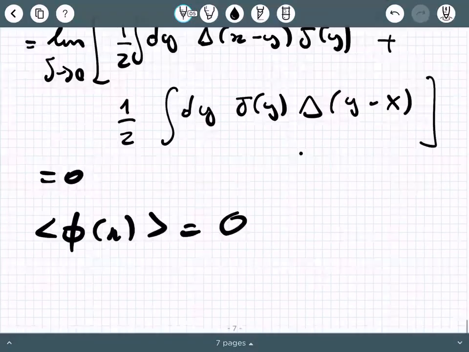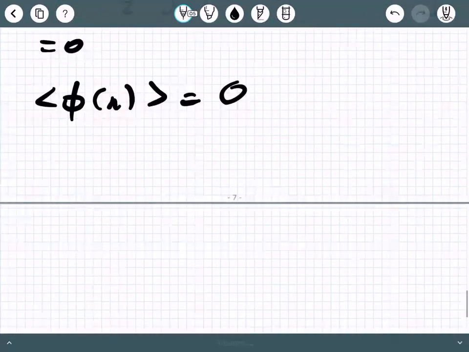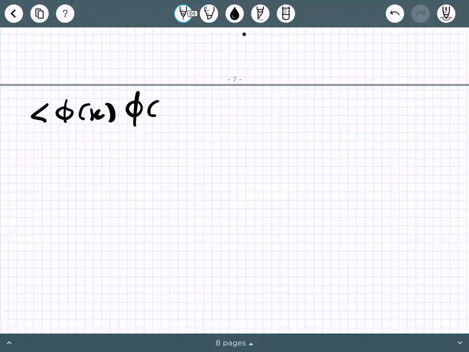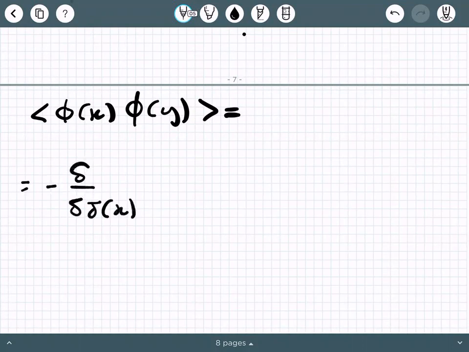Now let's do the next one. Phi of x, phi of y. Then this time you have to take two functional derivatives, one with respect to j of x, one with respect to j of y. I am canceling the two negative signs.